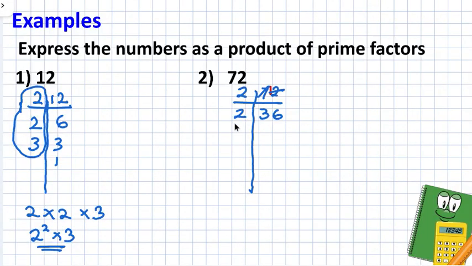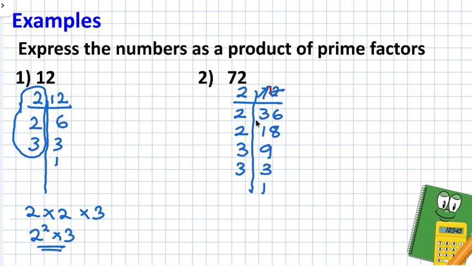So 2 going into 36 is going to give us 18. And 2 going into 18 will give us 9. 2 cannot divide 9. So which other prime number can we use to divide 9? We use 3. 3 is a prime number. 3 going into 9 will give us 3, and 3 going into 3 will give us 1.